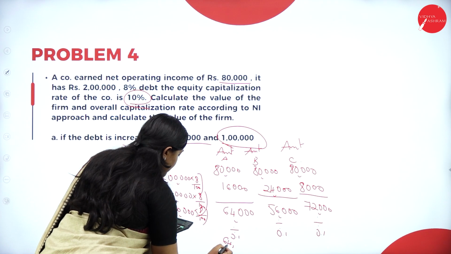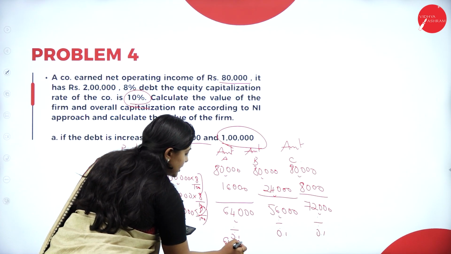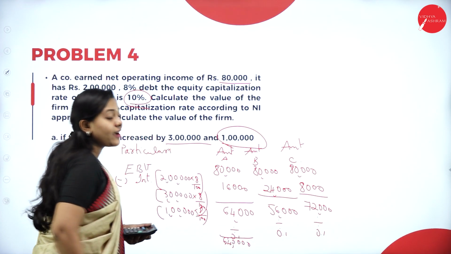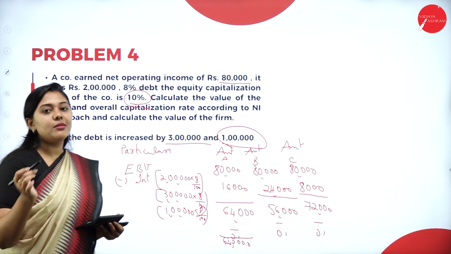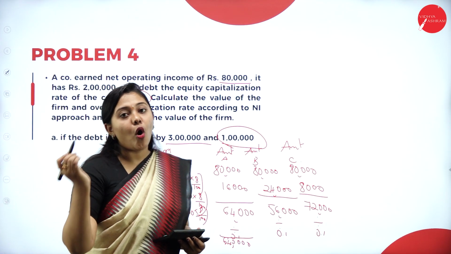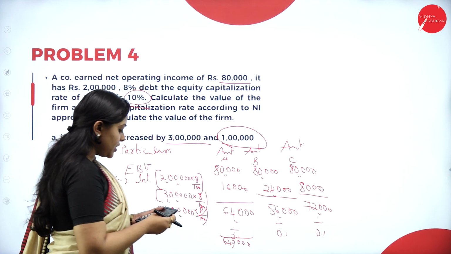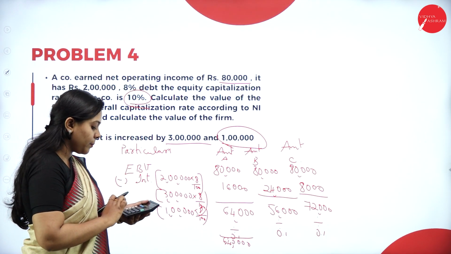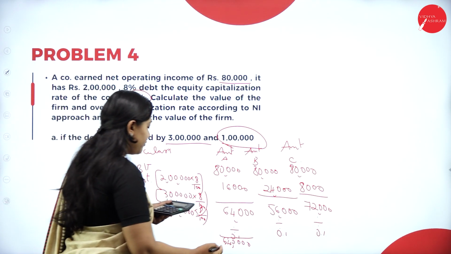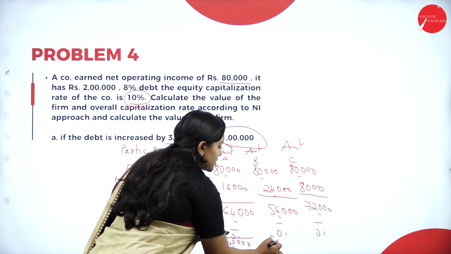So what is this 6,40,000? It is nothing but your market value of equity. So 56,000 divided by 0.1, it will be 5,60,000.